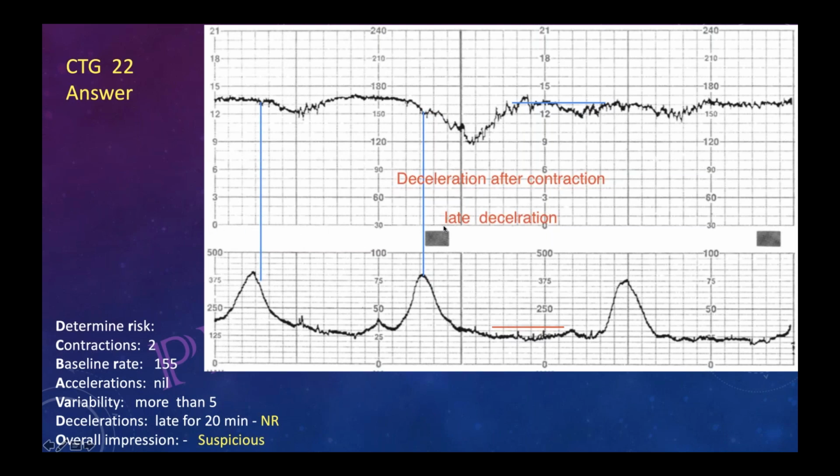Ma'am, duration of deceleration, can we count here? Yes, you can count here. So this will be 1 minute, 2 minutes, or maybe nearing 3 minutes.